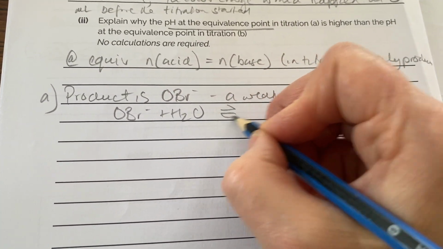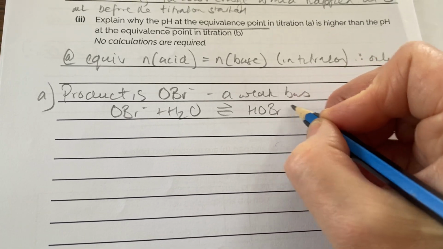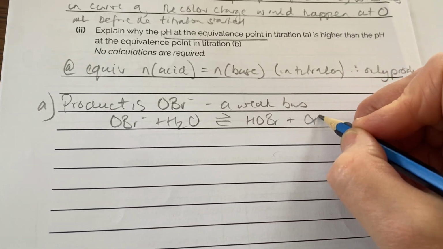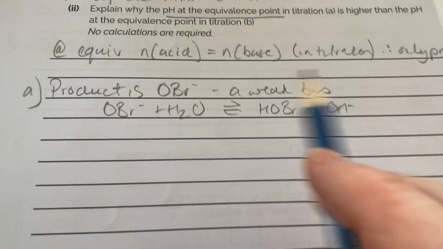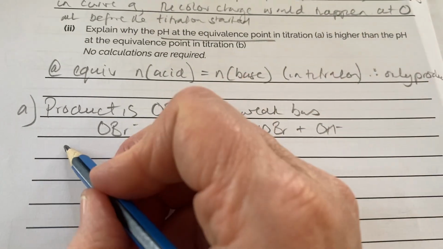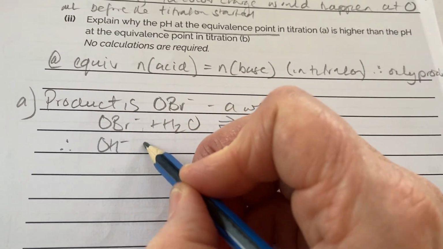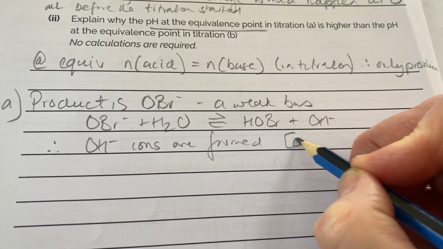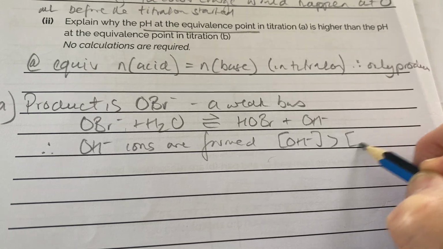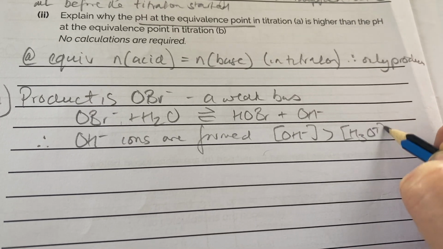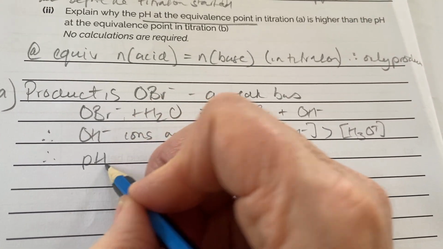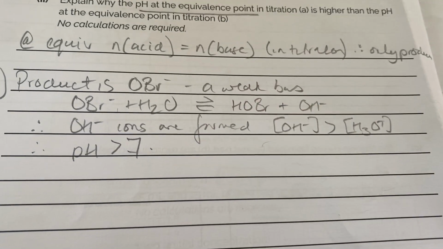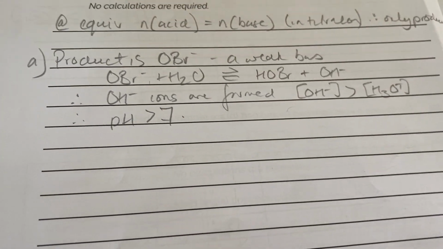Always a dissociation equation, eh? Okay, so at the equivalence point, we're saying, therefore, OH minus ions are formed, and the concentration of OH minus is greater than the concentration of H3O plus. Therefore, the pH is going to be greater than 7. Okay, that's pretty much all you need, right?